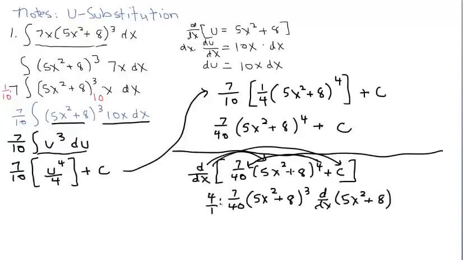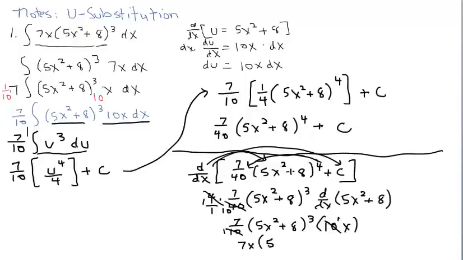Okay, this is going to be 7/10 times quantity 5x squared plus 8 cubed. This derivative would be 10x. We're going to reach across here and cancel the 10 factors. And I'm going to rearrange and put the x next to the 7, so I end up with 7x quantity 5x squared plus 8 cubed.